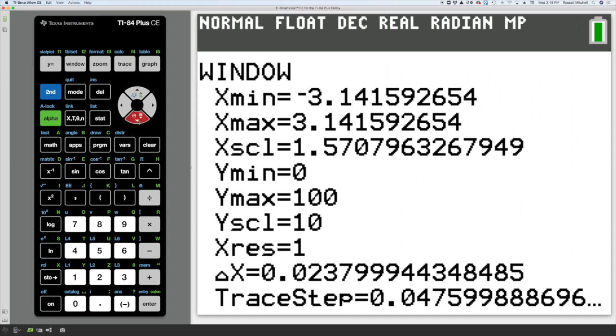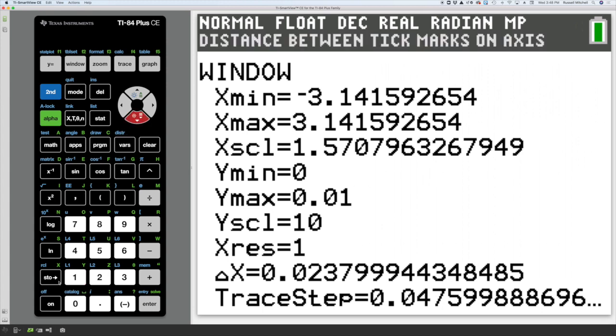And then our y max is going to be 0.01. You guys, on the notes, I just realized, no, we're okay. Never mind. Y scale is 0.001.